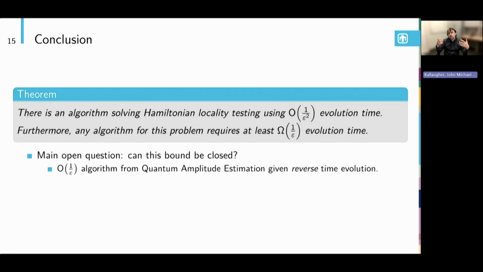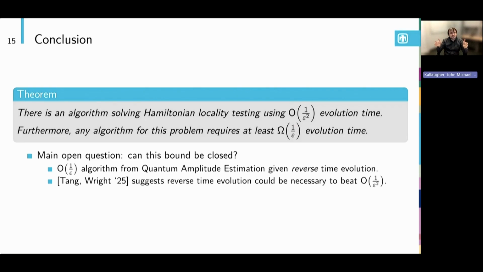And if I was giving this talk a couple months ago, I would say that this was a really big barrier to proving that 1 over epsilon squared was the correct evolution time, because it would necessarily imply that quantum amplitude estimation required the inverse, which had been an open problem for quite a long time.